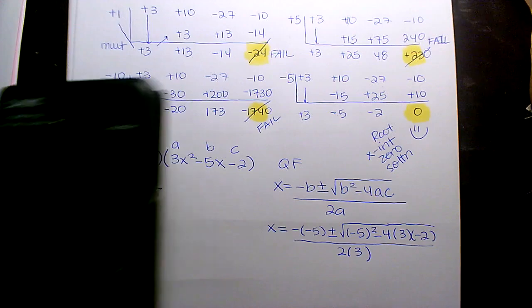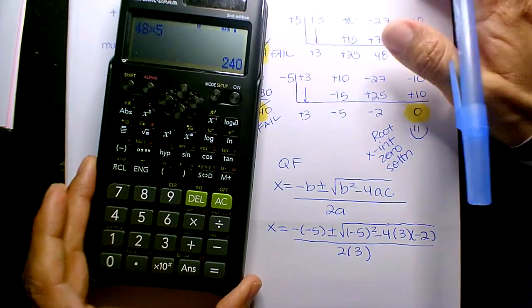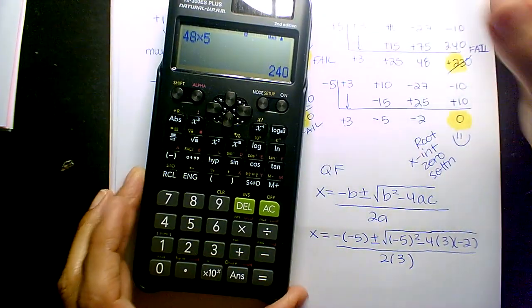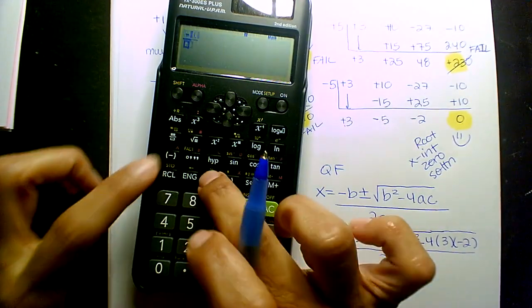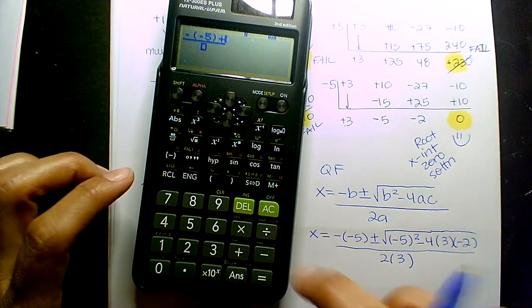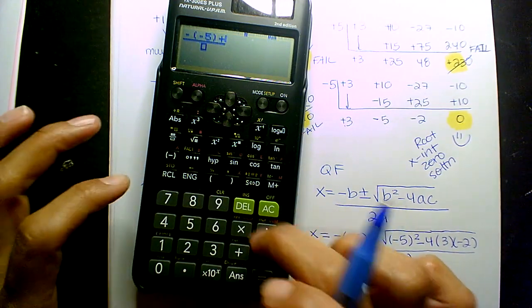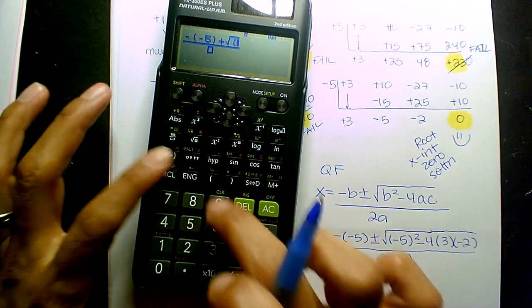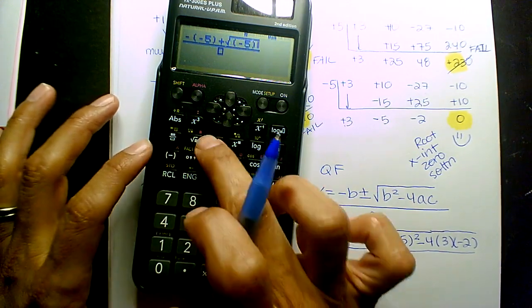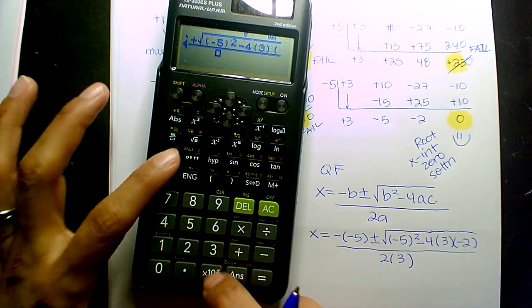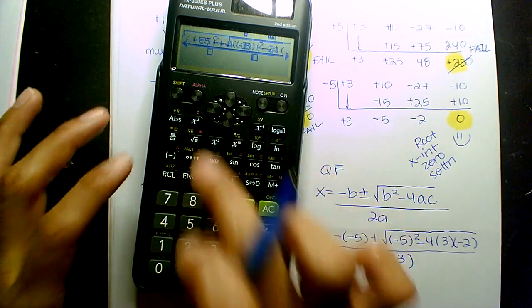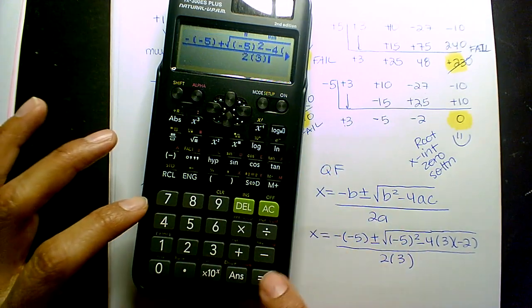Let's see where I can fit it, if it fits. Okay, so I'm going to type this in. So -5, and you guys can shortcut as you like. If you want to put 5 and 25 there, it's up to you. -4, 3, -2, 2, 3.